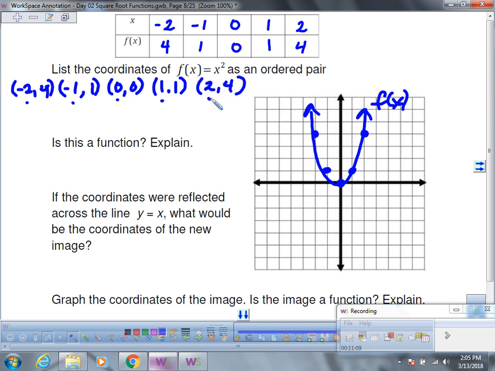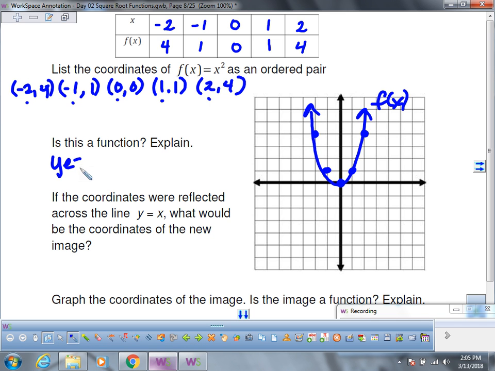Okay, so -2, -1, 0, 1, 2. I put all different numbers into the soda machine, right? So I should get all different outputs, right? We're fine. Okay, so yes, this is a function. One input, one output.